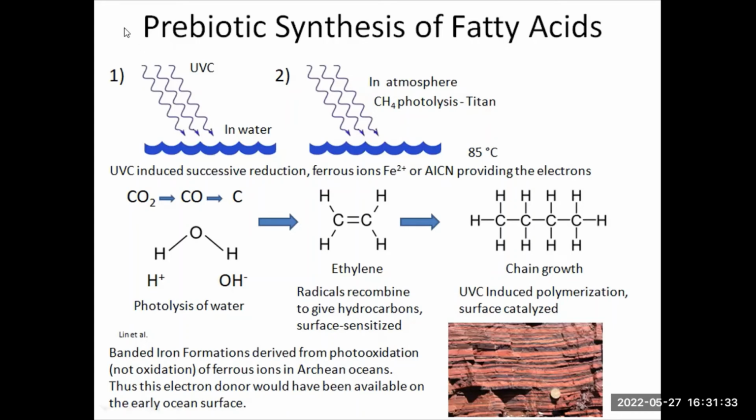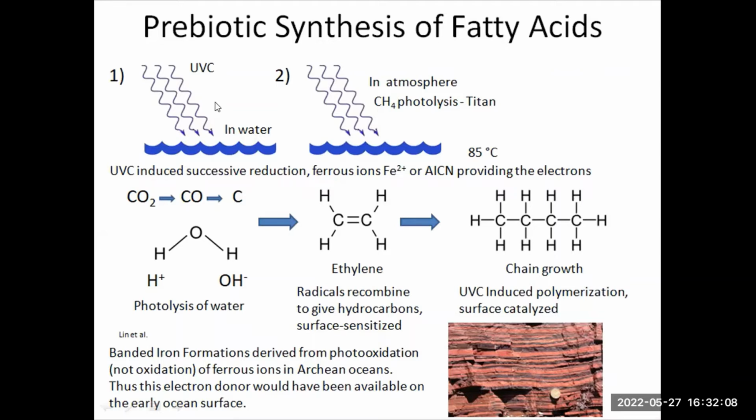Okay, so how can we make these fatty acids out of very simple precursors, which, for example, are water and carbon dioxide or carbon monoxide? We have water saturated with carbon dioxide or carbon monoxide, which probably occurred at the Archean, because in order to have temperatures around 85 degrees centigrade at the ocean surface, we would have needed a lot of greenhouse gases.